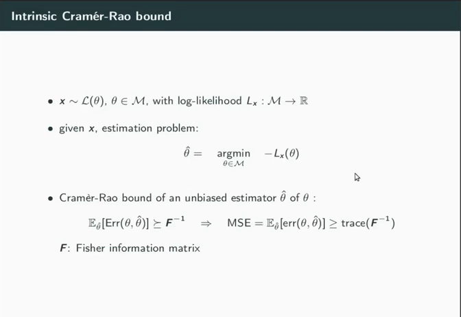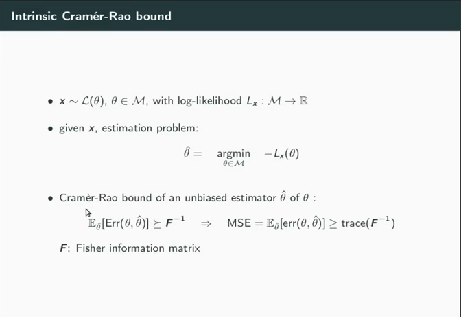In this case, to find the optimal performance, we can use the Cramér-Rao bound of unbiased estimators.